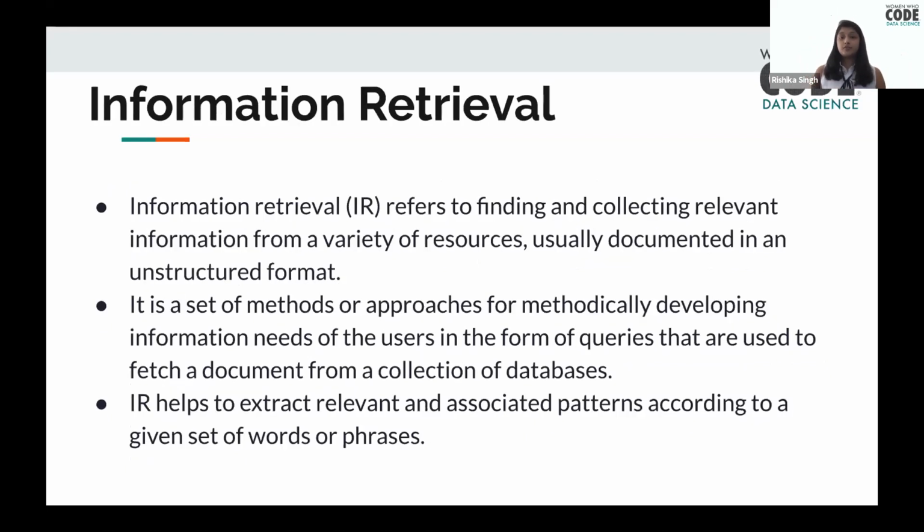Next, we have information retrieval. This refers to finding and collecting relevant information from a variety of resources, usually documented in an unstructured format. So the complexity associated with natural language is especially key when retrieving textual information to satisfy the information needs of a particular user. And so this is why we arrive at textual information retrieval.